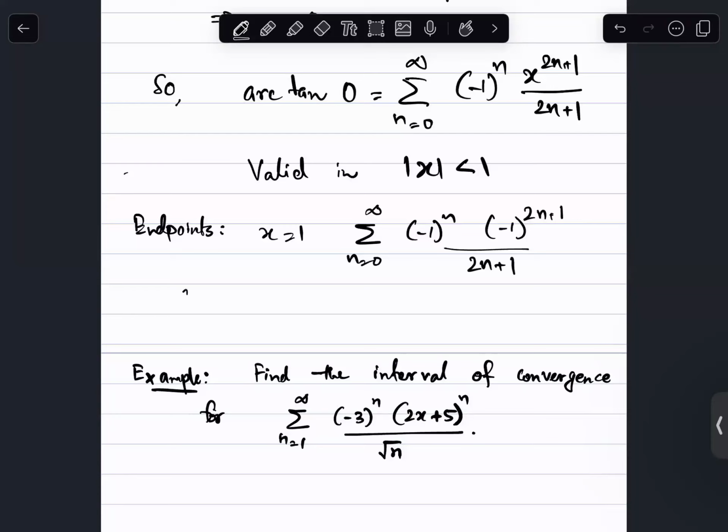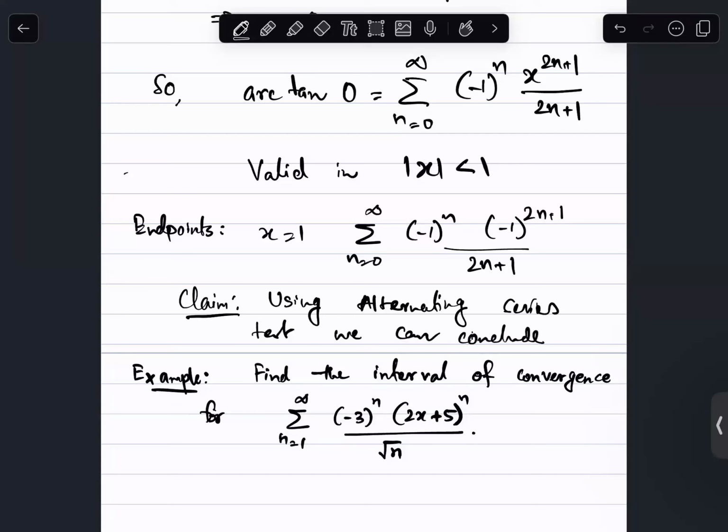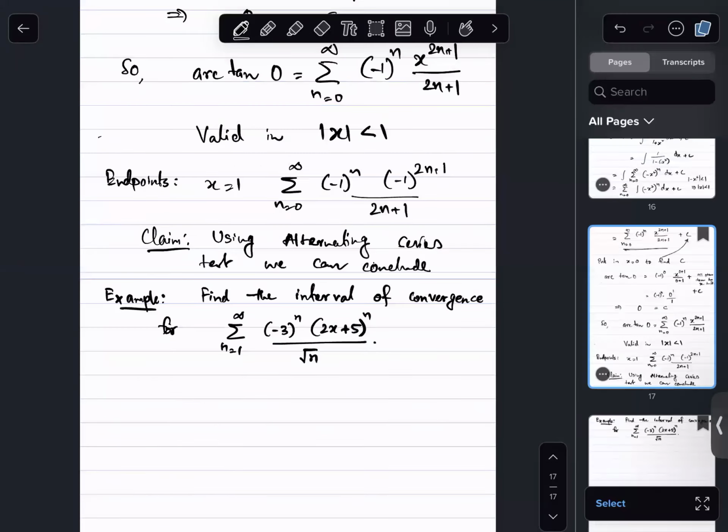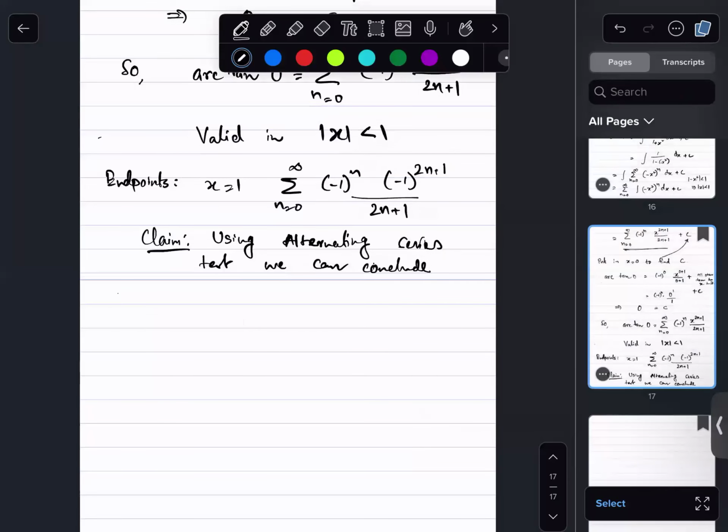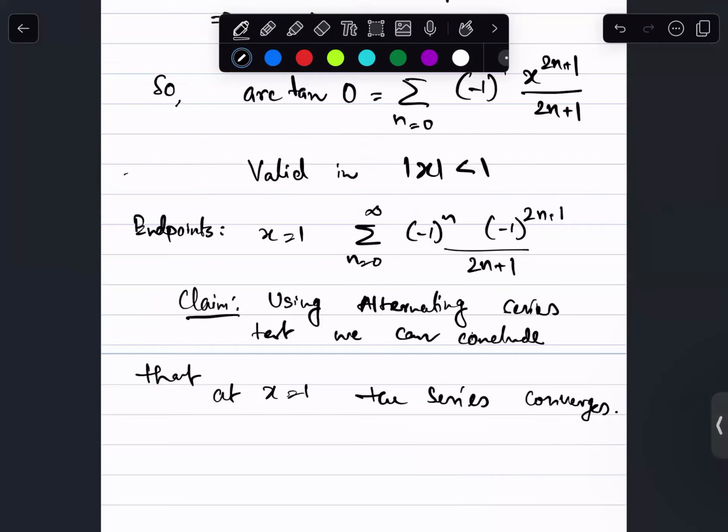So my claim is, using the alternating series test, we can conclude, let me take one more page, we can conclude that at x equal to 1, the series converges. Okay.